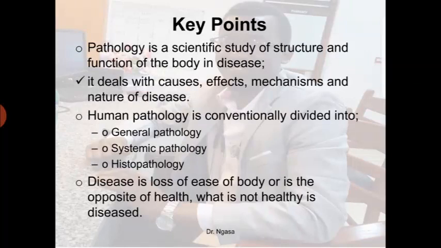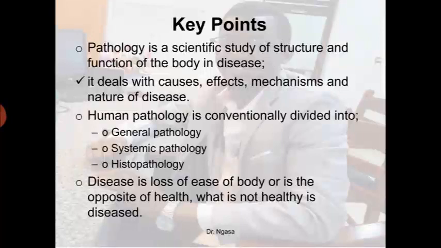Okay, thank you. Under today's discussion, we have our key points here, which you may use to review or as a summary. Pathology is the scientific study of the structure and function of the body in disease, and it deals with causes, effects, mechanisms, and the nature of a disease.